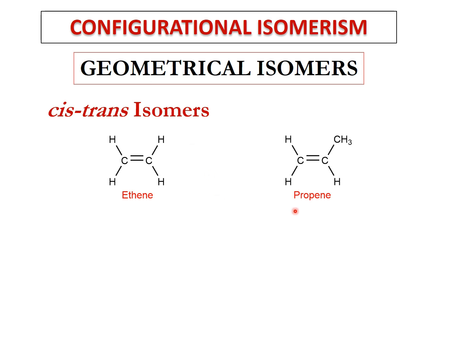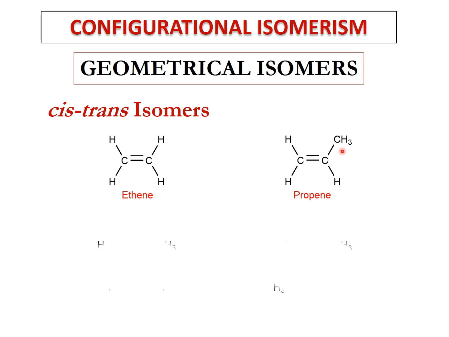Similarly, if we have another molecule like propene, this molecule has two carbons double bonded to each other. One of the carbon atoms has two hydrogens and the other has a hydrogen and a CH3 group attached to it. Again, we cannot have cis or trans isomers for this molecule.